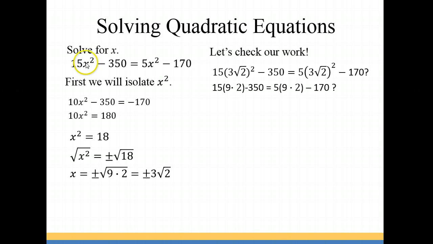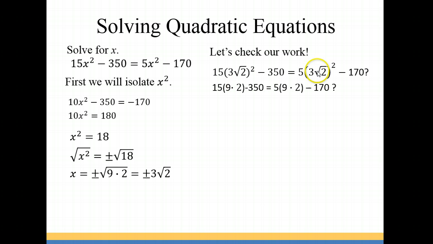Going back to the original equation, wherever we have an x, we're going to put in 3 square roots of 2. So I put it in the first x squared and put it in for the second x. Now we're squaring first, because remember your order of operations, you're going to do exponents, then multiplication, then the subtraction. So we have 3 squared, which is 9, and the square root of 2 squared, which is 2.